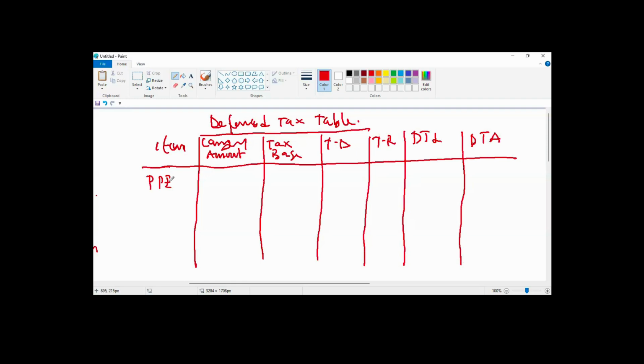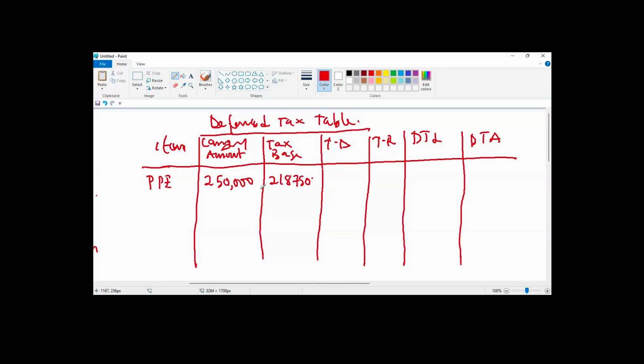What is the carrying amount of the PPE? 250. The tax base, 218,750. Has it created a temporary difference? Yes. What is the temporary difference now? Give me the figure. Has it created a temporary difference?